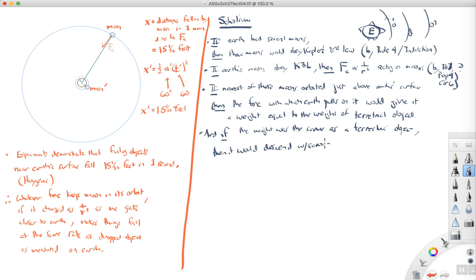It would descend with the same speed as a terrestrial object. Okay?